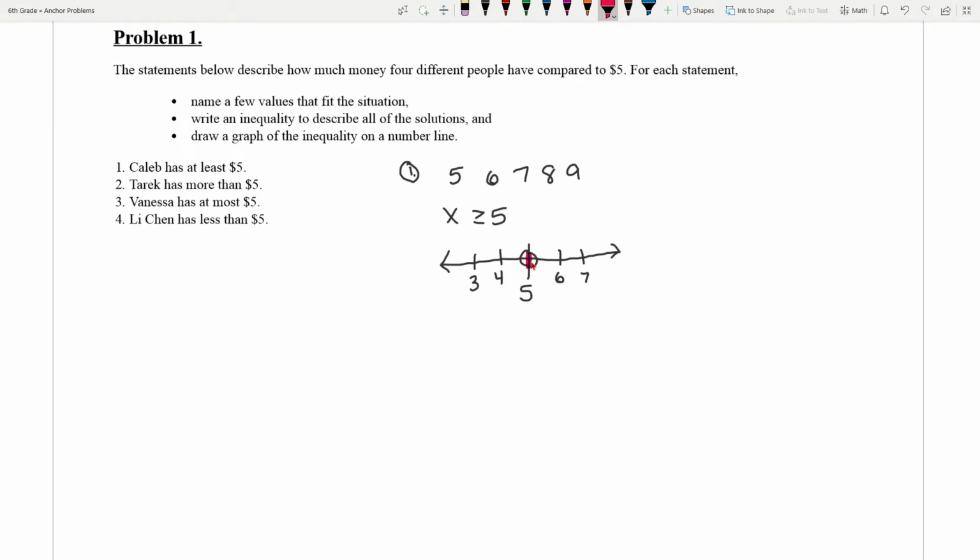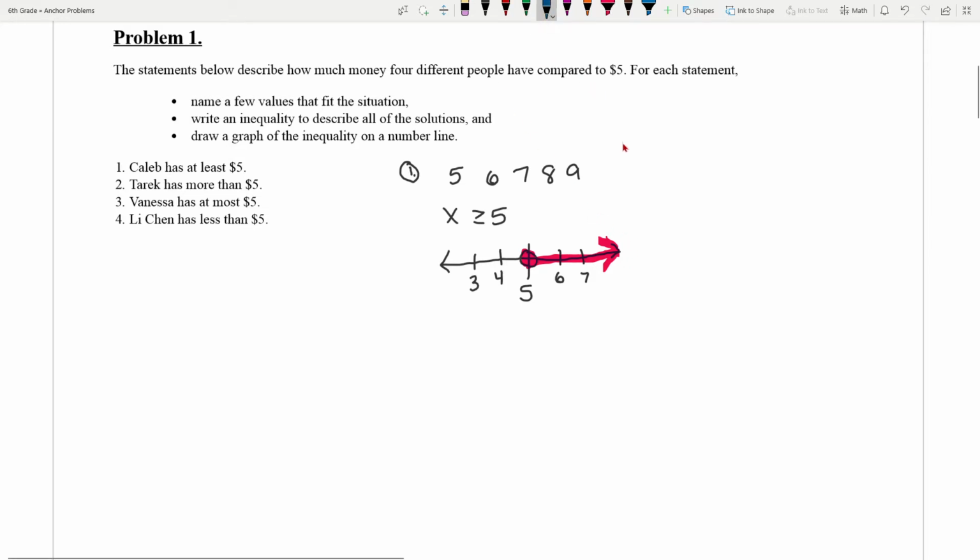Now, 5 counted, so we can shade in the circle. We're shading towards the right, 6, 7, 8, 9, where the inequality was true. And we draw this as a ray with the arrow on the end, indicating that all the numbers, including 100, 2,000, 5,000, are true for Caleb having at least $5.